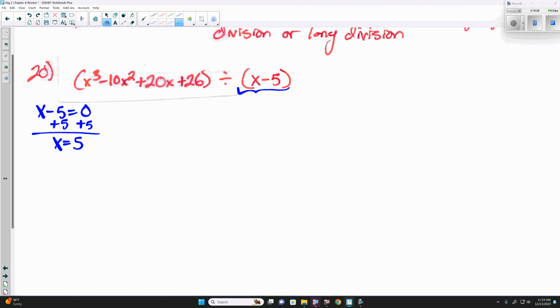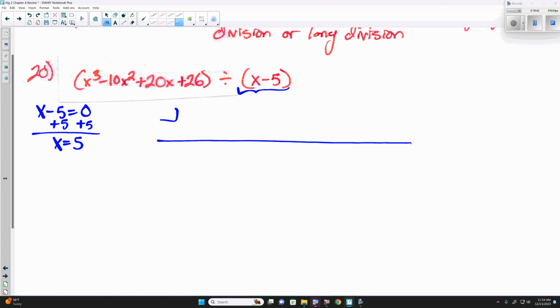Minus x is equal to 5. Questions on how we got this started?